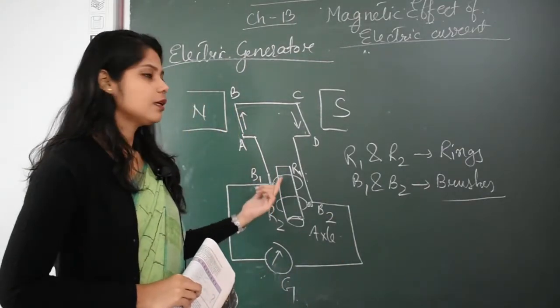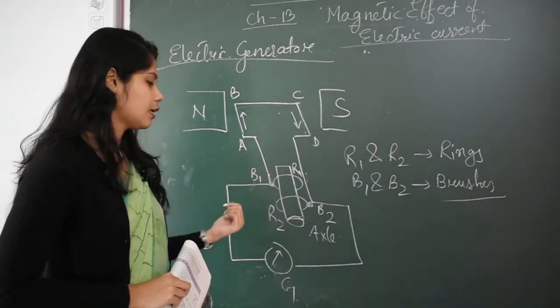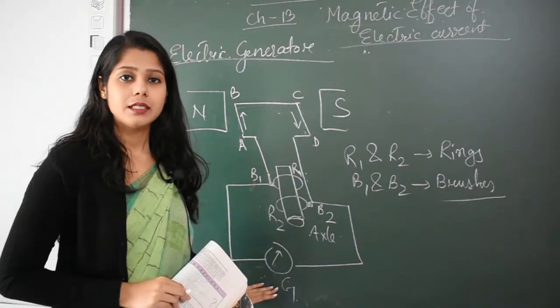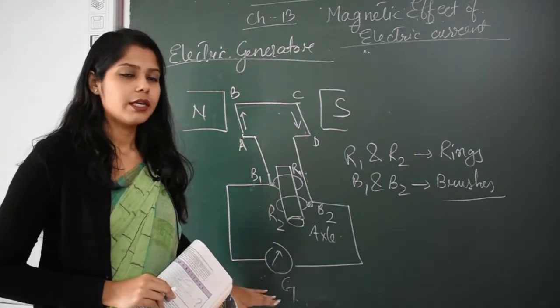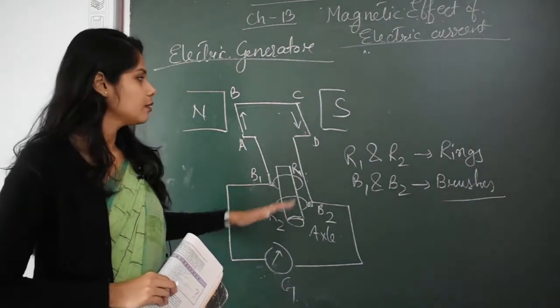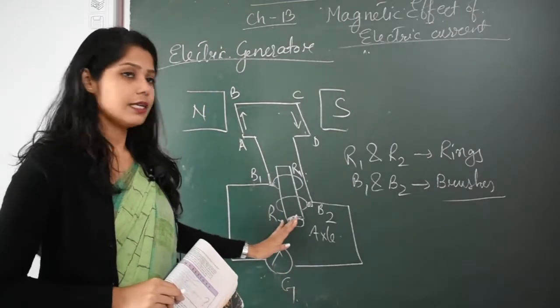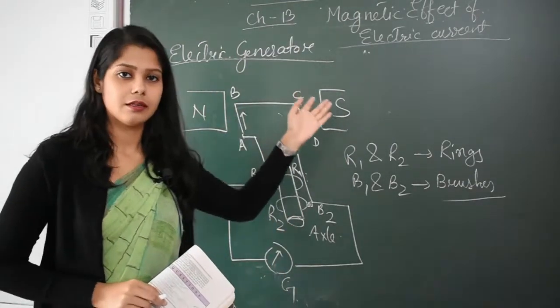Now the inside of the ring is insulated and the outside is conducting, and the galvanometer is placed here to measure whether the current is there or not.